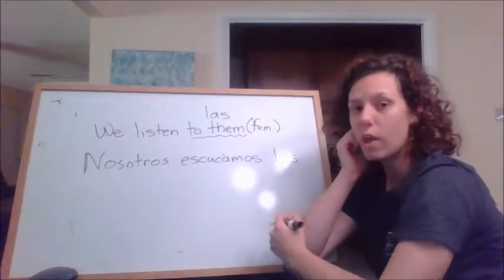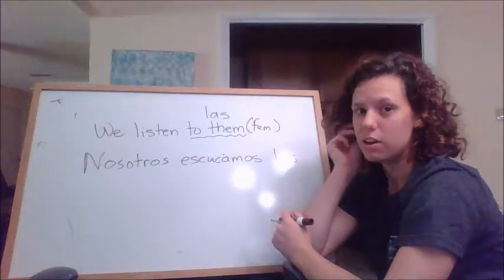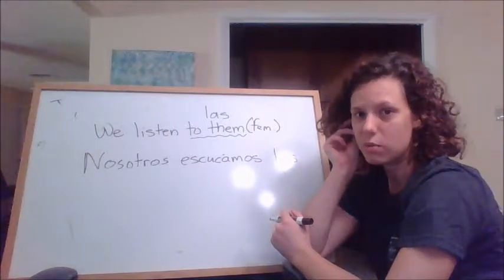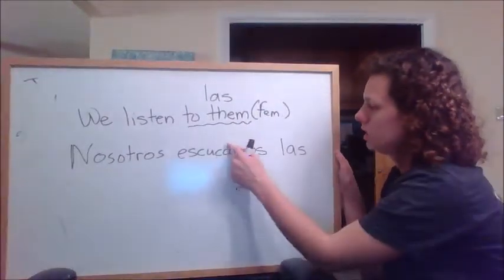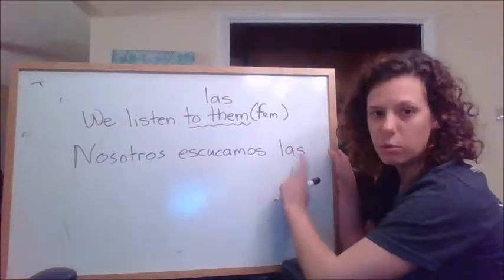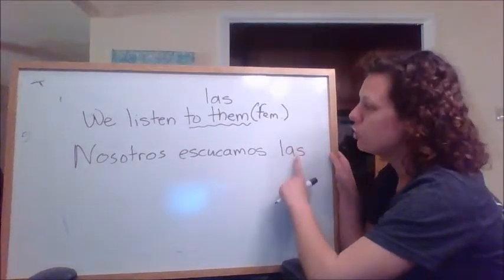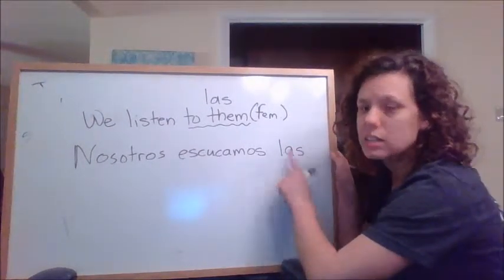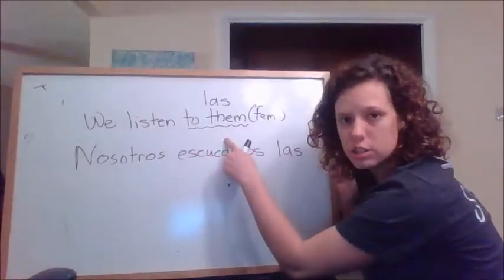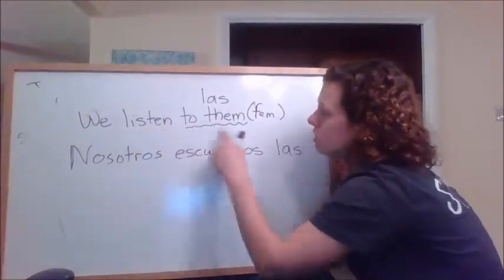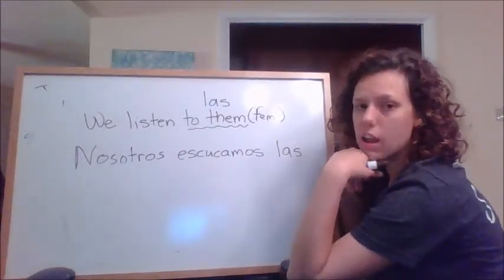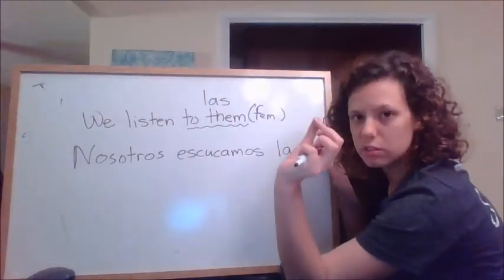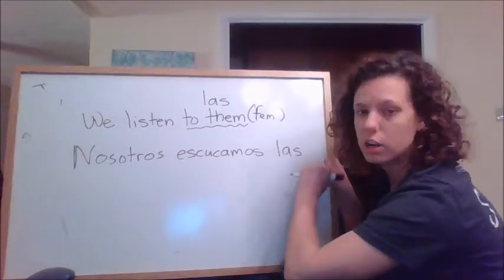Oh, wait, you're saying that's not right. Well, how right you are that that's not right. What have I done wrong? This is in the wrong place. If you're not careful, you're going to rewrite it in exactly the order of this English sentence. We listen to them. All right? So if you're not careful, you're going to do something like this and you're going to get points taken off.